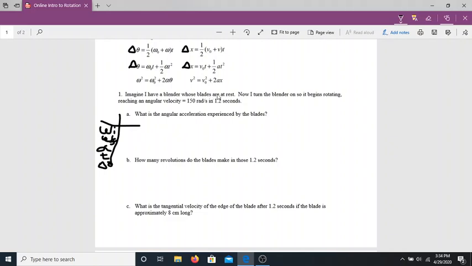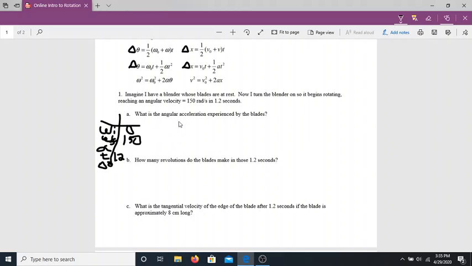In this case, I know that it starts from rest, so omega I is 0. Omega F, the final angular velocity it gets to, is going to be 150. And I know that it takes about 1.2 seconds to do that, so the time is 1.2. And right there, just like linear kinematics, congratulations, you now know 3 things, and if I know 3 things, I can solve for a 4th.